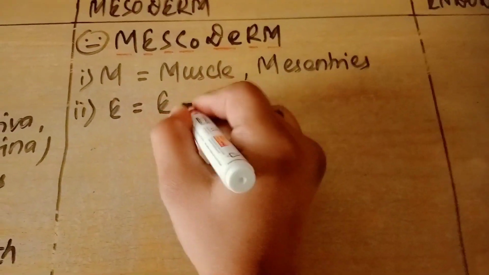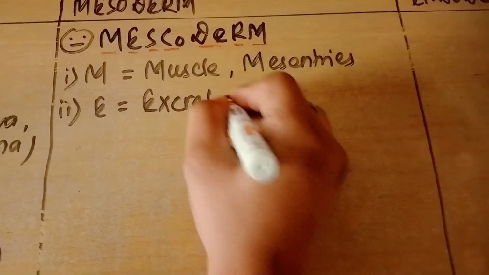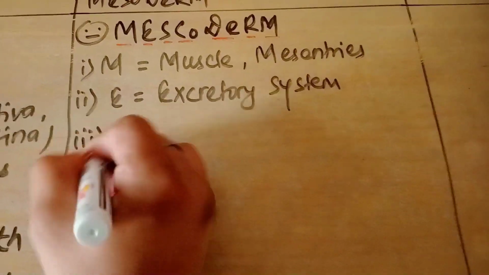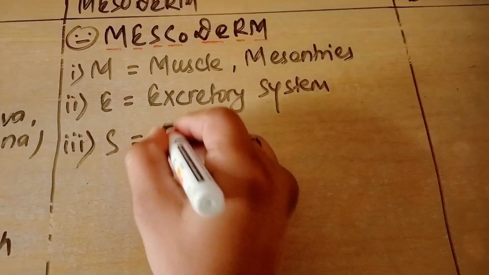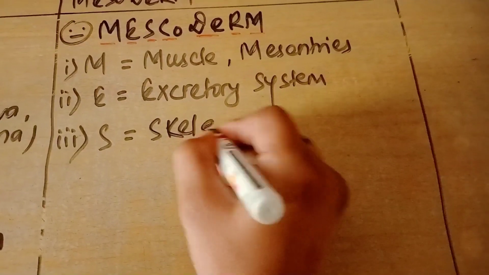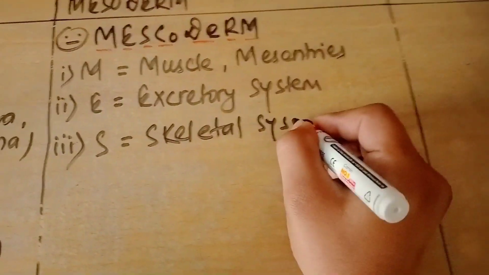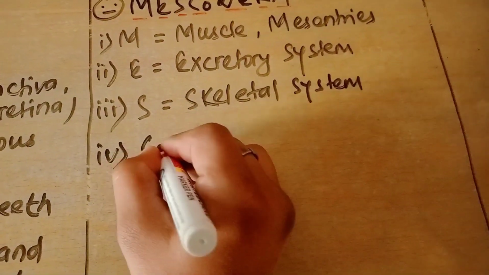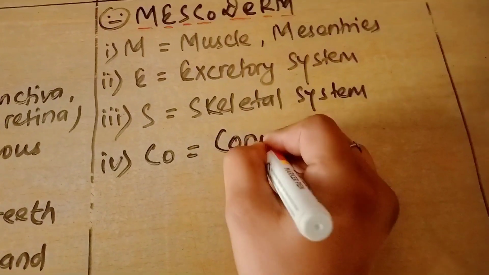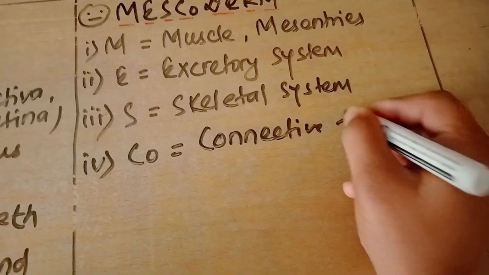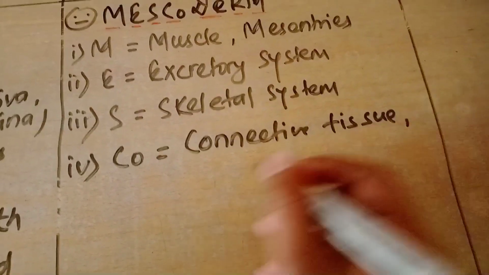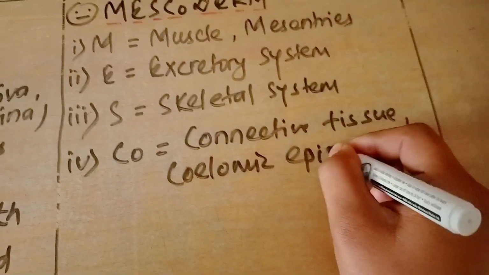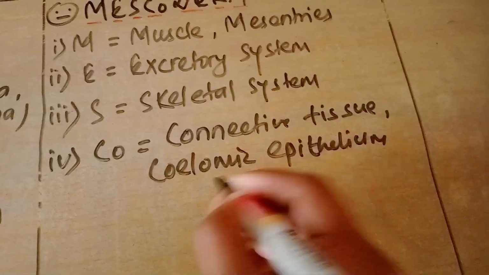E means whole excretory system. And then in third we have S, so S means skeletal system. In fourth we have CO. CO means connective tissue, coelomic epithelium and choroid.